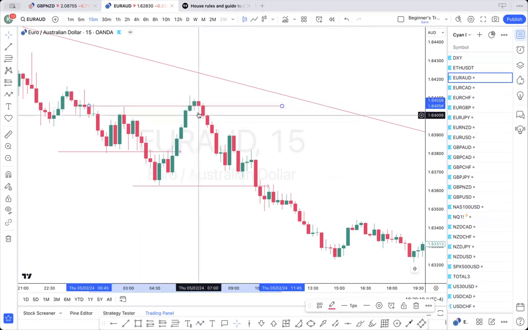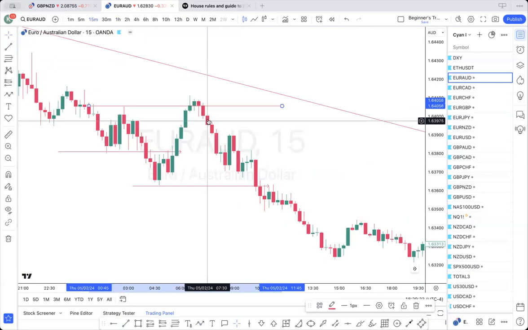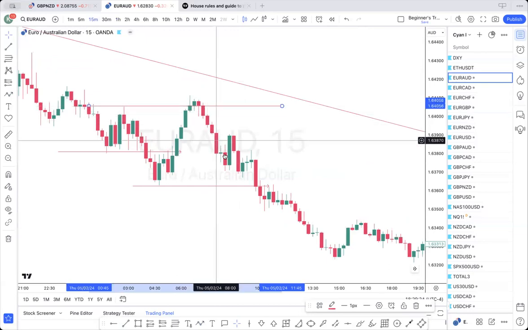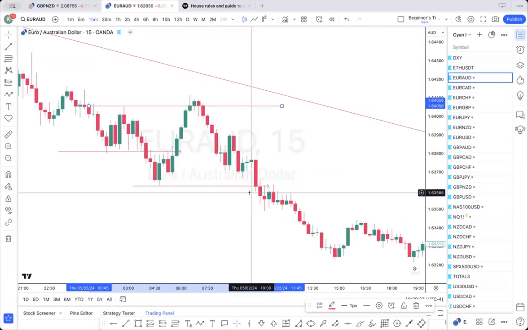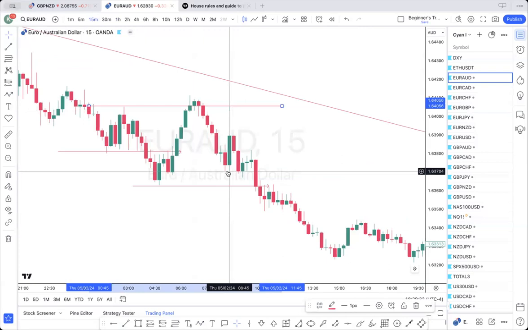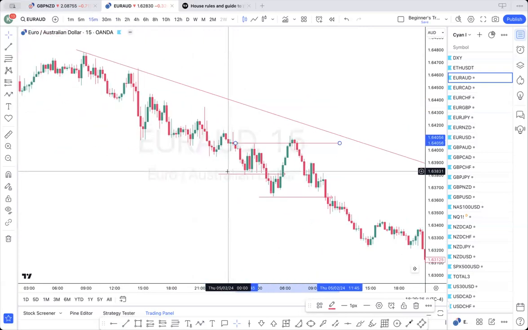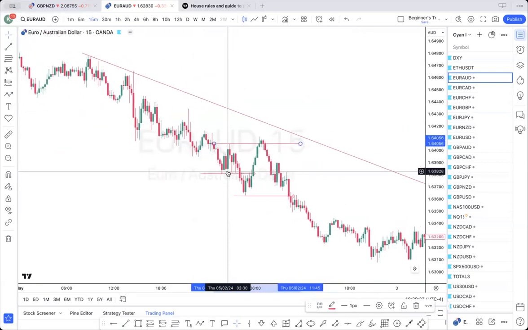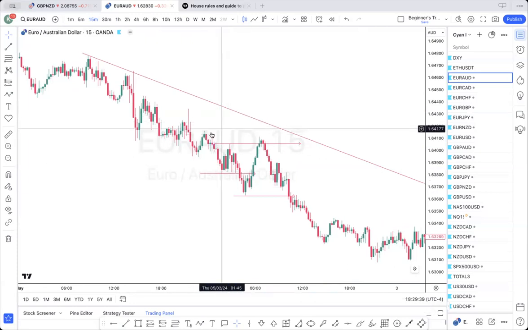But then it came back and gave a bearish order block. And then price came back to that and then started falling to that level and started falling. It was definitely a supply zone.